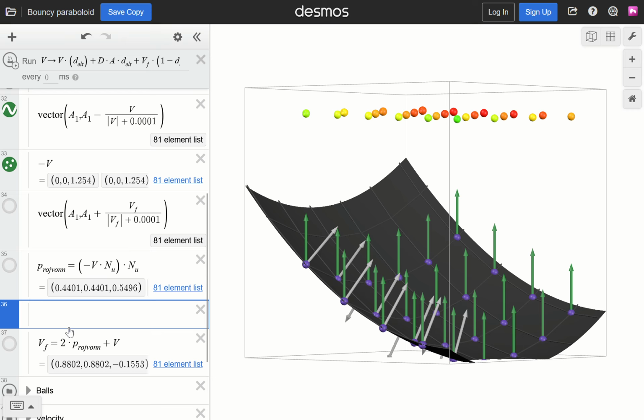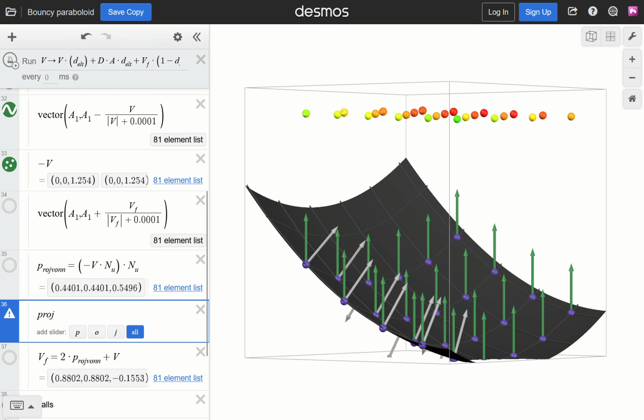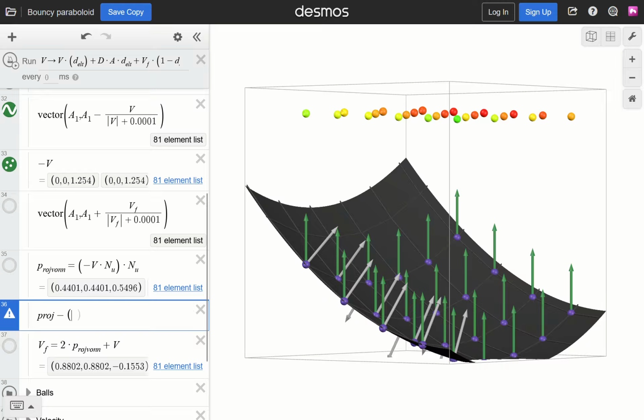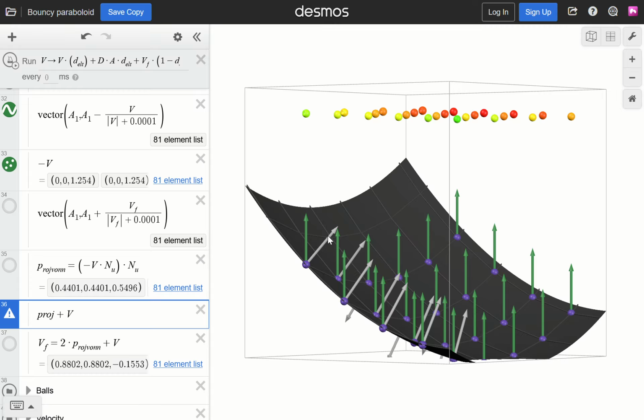That's useful because then I can use that to find the perpendicular vector going from the green to the white vector. This perpendicular vector is just going to be the projection minus my green vector. So the green vector is negative v, so then my perpendicular component is going to be proj minus (negative v), or in other words, it's just the projection plus the velocity vector v.